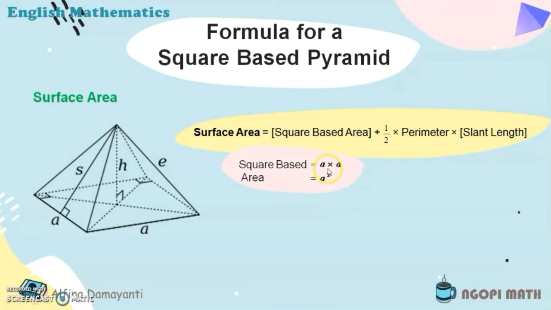Square base area is A times A, and the perimeter is A plus A plus A plus A equals 4 times A.